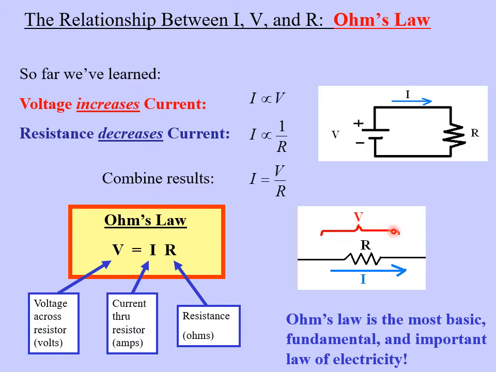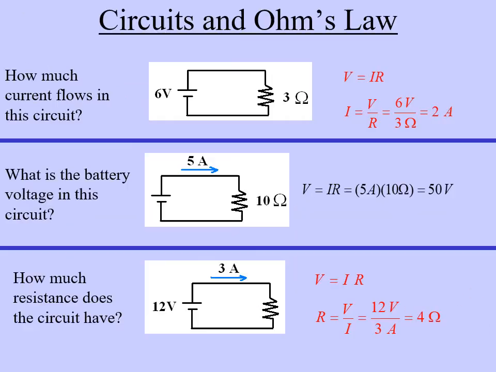So V is the voltage across this resistor. I is the current that flows through the resistor. All right? Current, remember, is flowing through these wires and through the resistance. And then R, of course, is the resistance. So V equals IR, or Ohm's law, is the most basic, fundamental, and important law of electricity. And we'll be using it quite often in this lecture to help us analyze simple electric circuits.